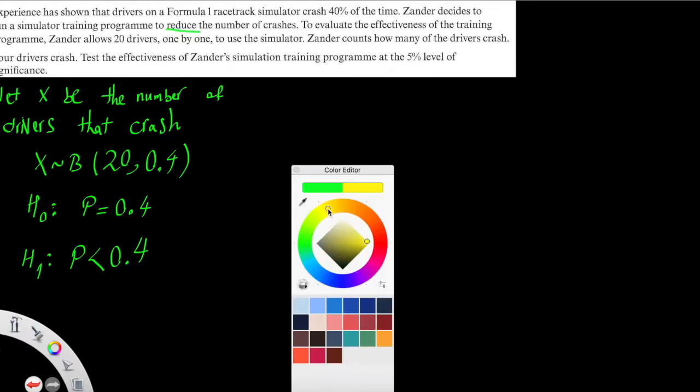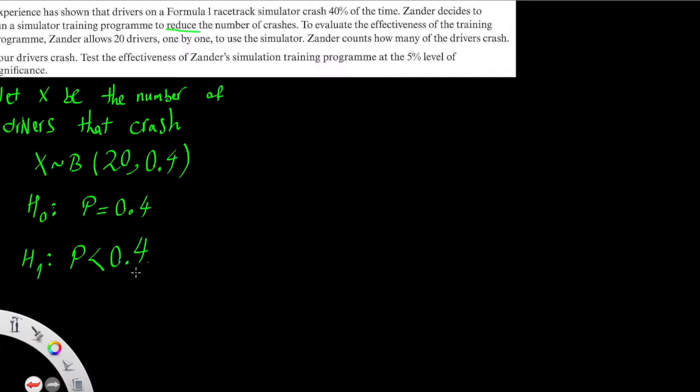Now, as we are planning to reduce the number of crashes, we are going to check whether the probability of x less or equal to 4 will be located in the rejection region or in the acceptance region.